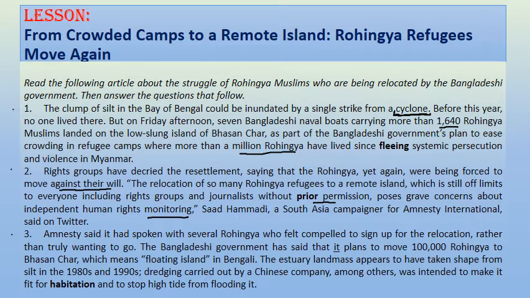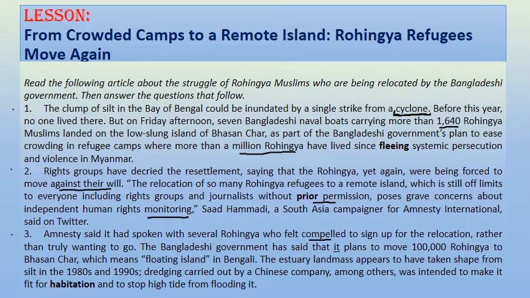Amnesty International, of course, a major human rights group, said it had spoken with several Rohingya who felt compelled to sign up. They had to sign up for the relocation rather than truly wanting to go. The Bangladeshi government has said that it plans to move 100,000 Rohingya to Bhasan Char, which means floating island in Bengali.